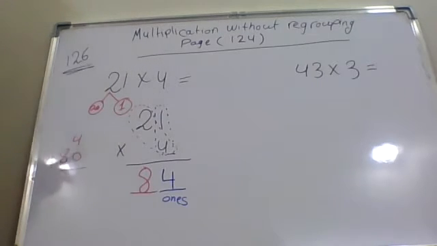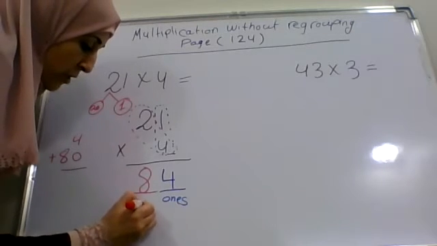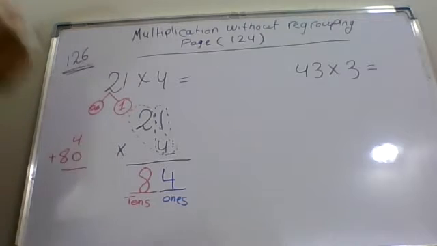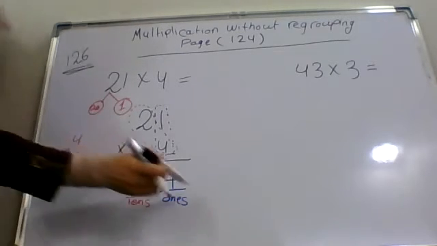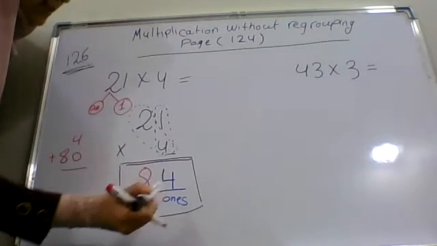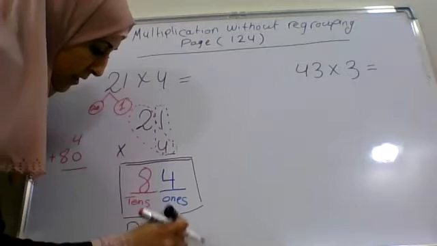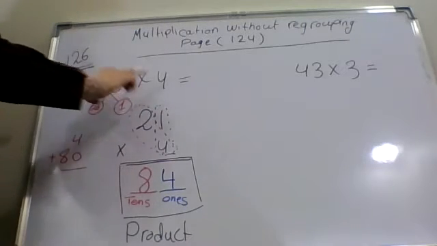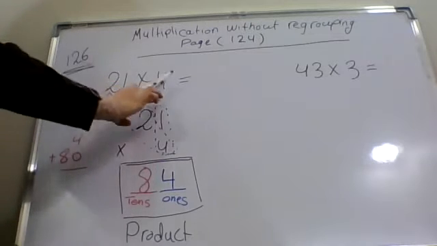So this is the answer for multiplying the tens place. We call this the product, okay? From now on, I will call it the product. If I ask you what is the product for 21 times 4, you can tell me it's the answer for multiplying them, okay?